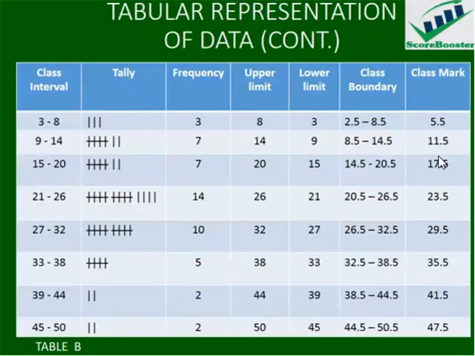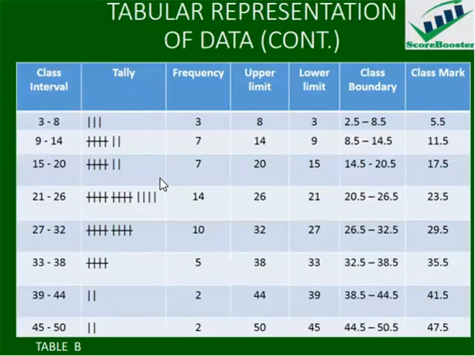So to get the class mark now, it's going to be 14 plus 9, which is 23, divided by 2, which is 11.5. So also we apply the same technique to the class 15 to 20, 21 to 26, 27 to 32, 33 to 38, 39 to 44, and 45 to 50.